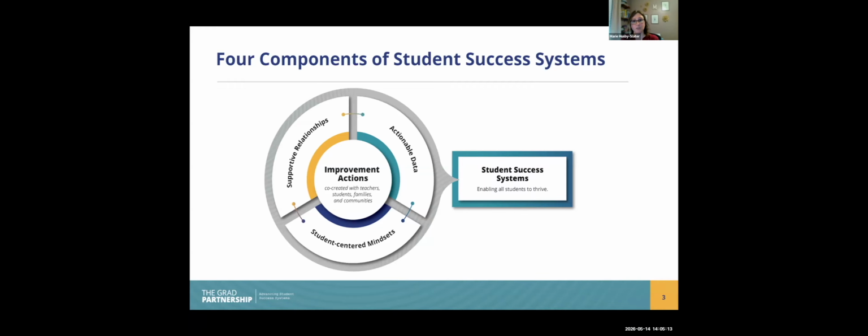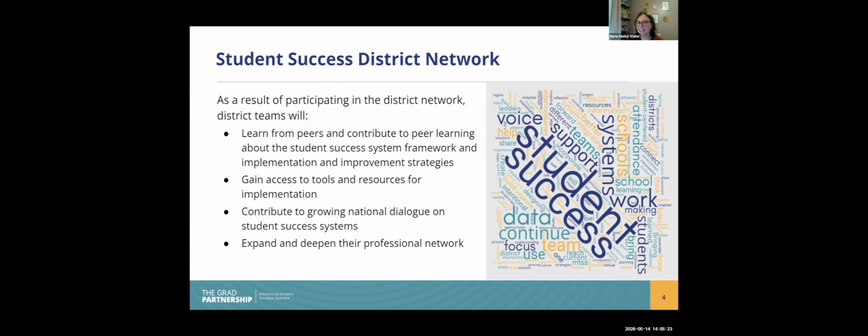So the way that those three things all have to work together in order to lead to those effective improvement actions. Finally, the Student Success District Network is an effort that grew out of existing work over several years, and is meant to continue to build that opportunity for peer networking and learning for district student success teams.